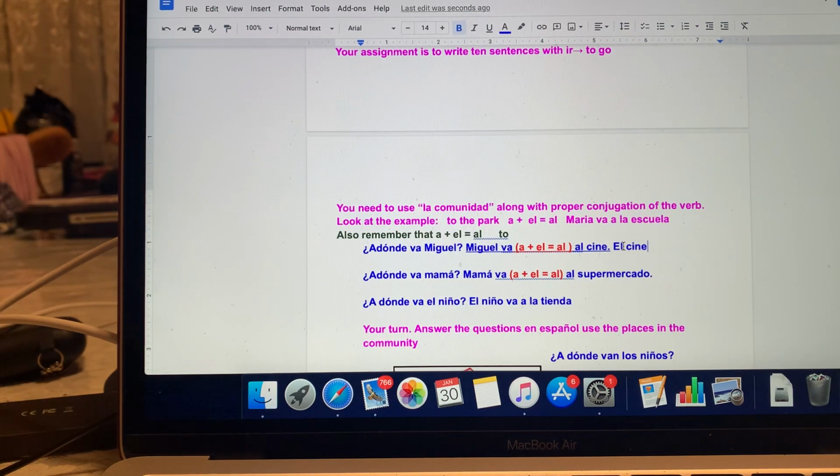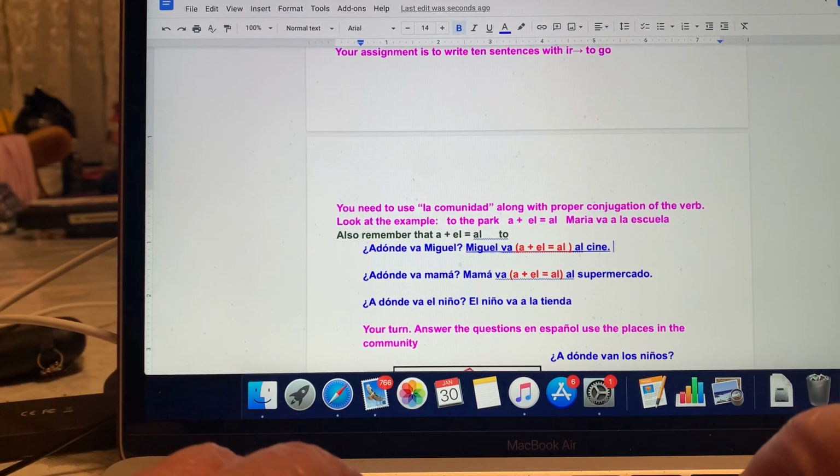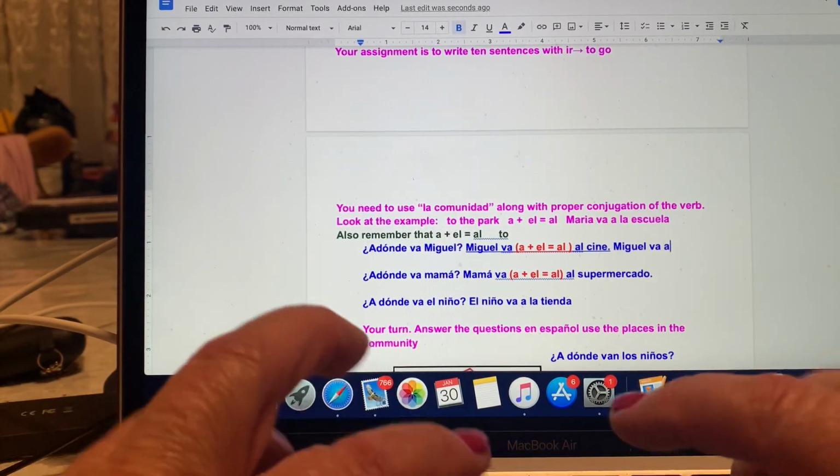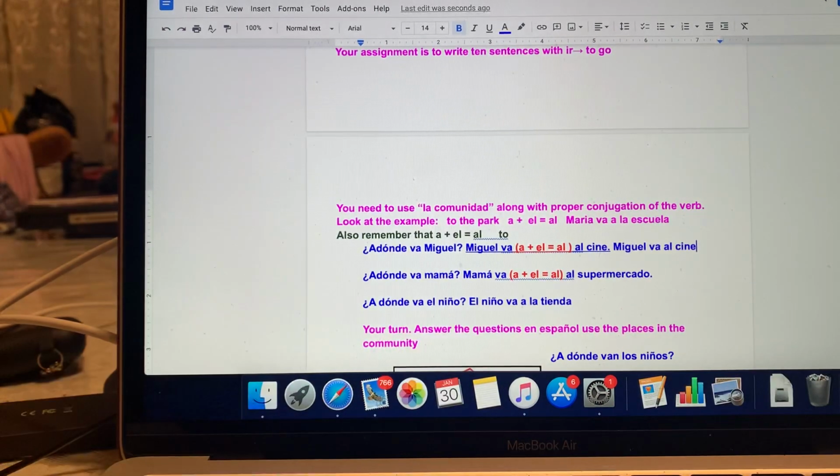Now, because we are using the preposition a, which means to, we will have to make this change. A plus el, turning it into al. Therefore, Miguel va al cine. So your proper answer would be Miguel va al cine, period.